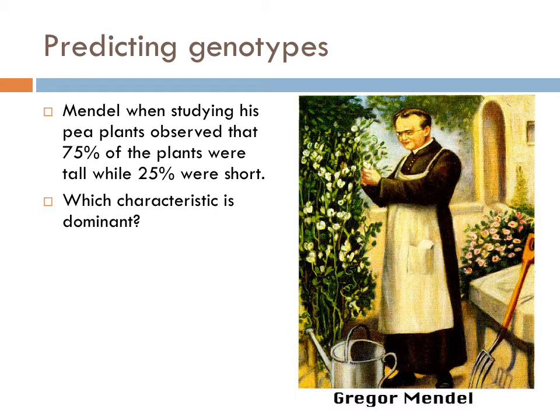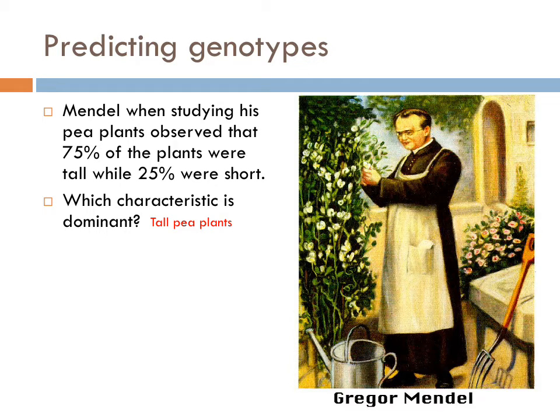Is it the tall or the short one? Well, usually, if something is more prevalent in numbers, then it is the dominant characteristic. And yes, tall pea plants had the dominant characteristic over short pea plants.